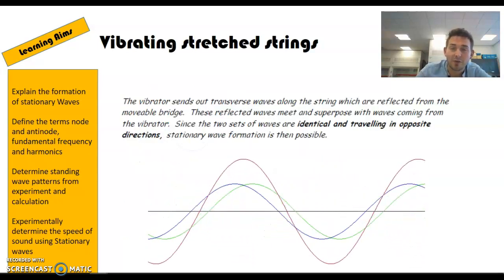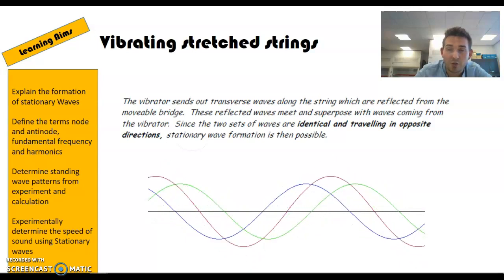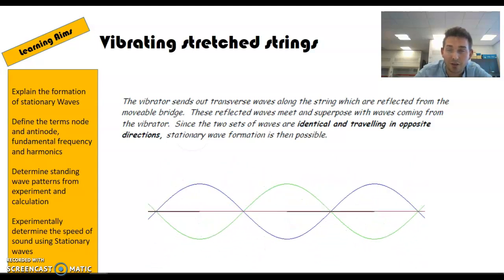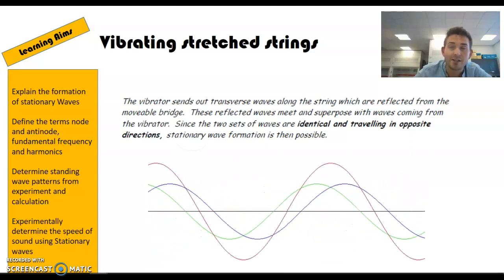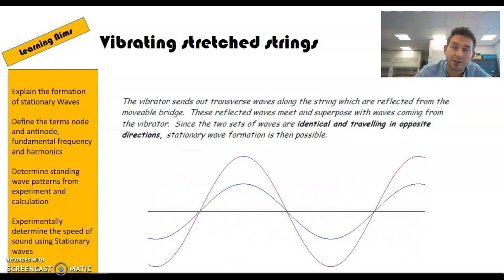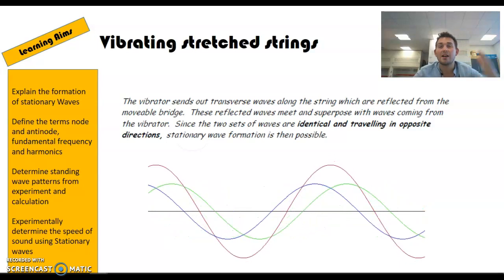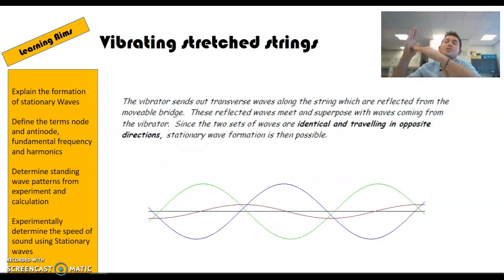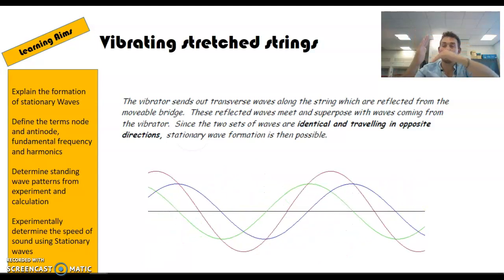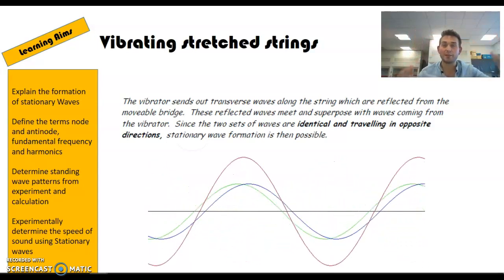So this is the GIF. Imagine the green wave is the wave traveling in one direction, and the blue wave is its reflected version. So if the vibrator sends out a pulse or a wave going in, hits a boundary, then it bounces back.